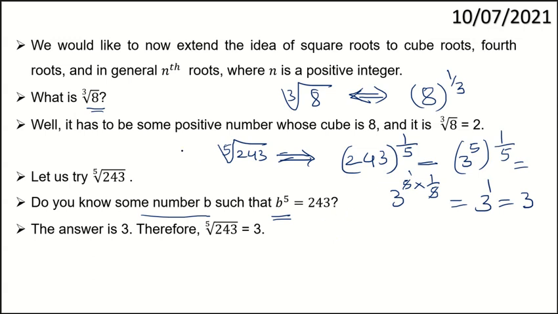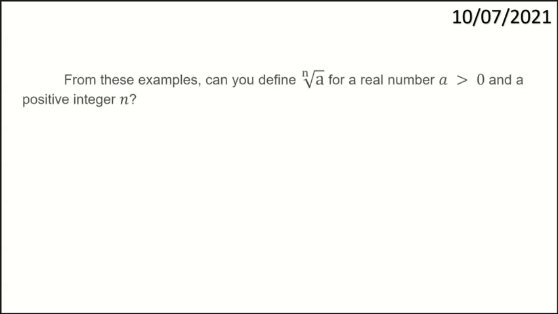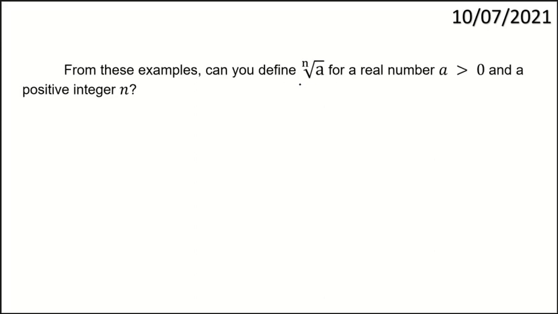Now children, after continuing this, we will go for generalization of nth roots. With these examples, you can now define nth root of some positive real number. Let's say that positive real number is a, nth root a.